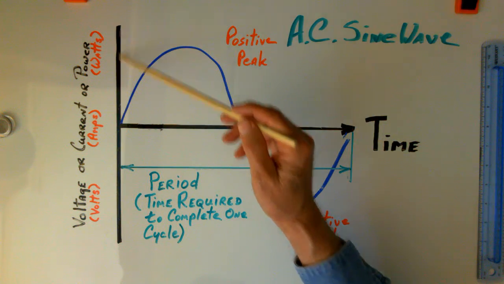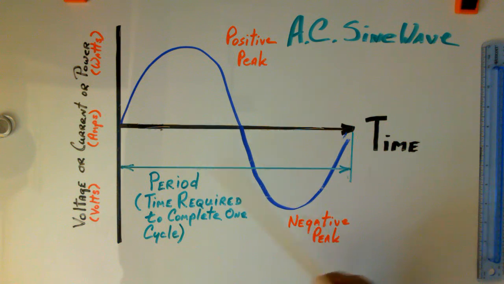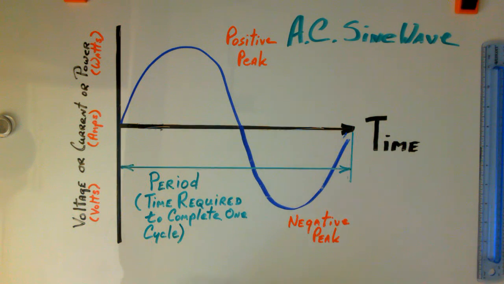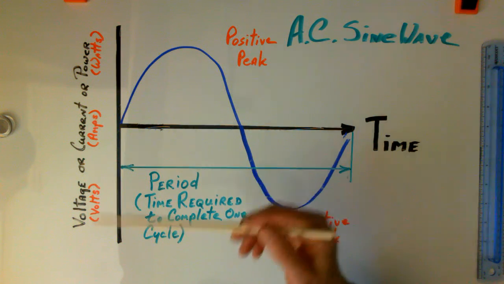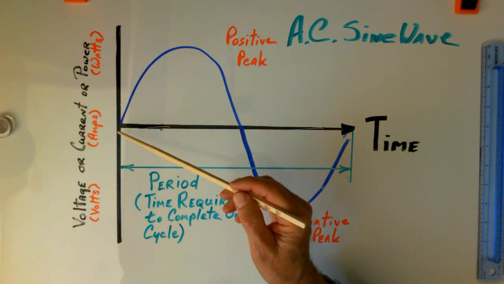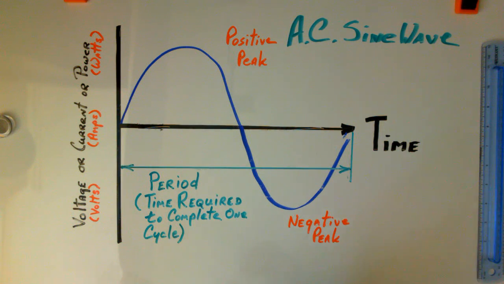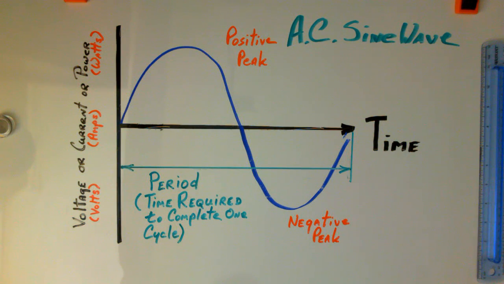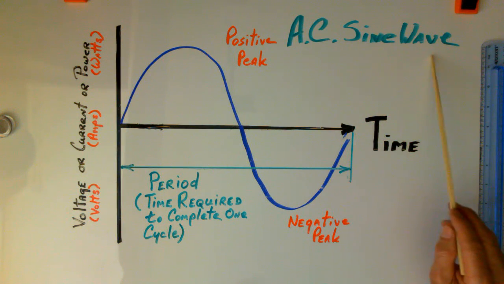I have a vertical scale and a horizontal scale, and this represents what is happening with voltage or amps or watts, depending upon what we're talking about at the time. If we were to use an oscilloscope, it would plot this picture for us almost instantaneously. I suppose it would look better than my sketch, but let's use my sketch. So this is an AC sine wave.